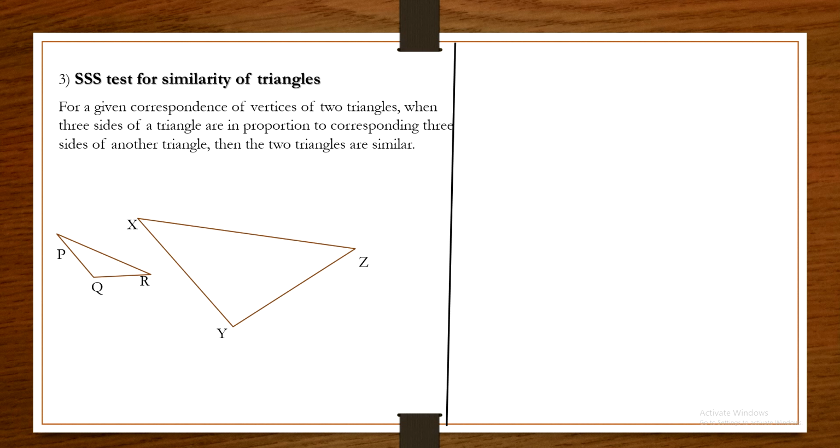For a given correspondence of vertices of two triangles, when three sides of a triangle are in proportion to the corresponding three sides of another triangle, that means, for example, PQ upon XY equal to QR upon YZ equal to PR upon XZ, taking PQR in 1-1 correspondence with XYZ, the ratio of all corresponding three sides is constant.